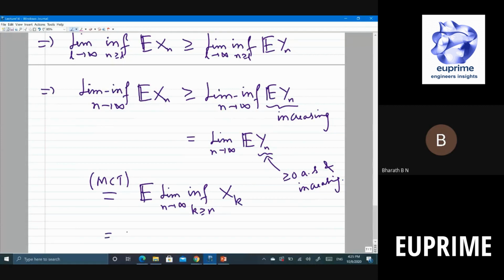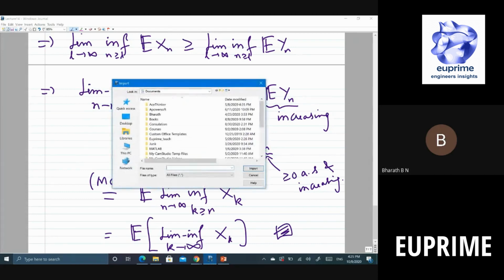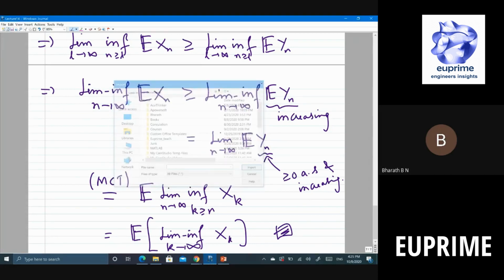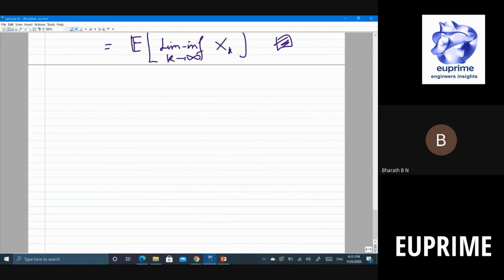So this is nothing but the expected value of the lim-inf of xk, k going to infinity. Done. QED. Nice, right? So this is a nice application of Fatou's lemma. Is this fine?